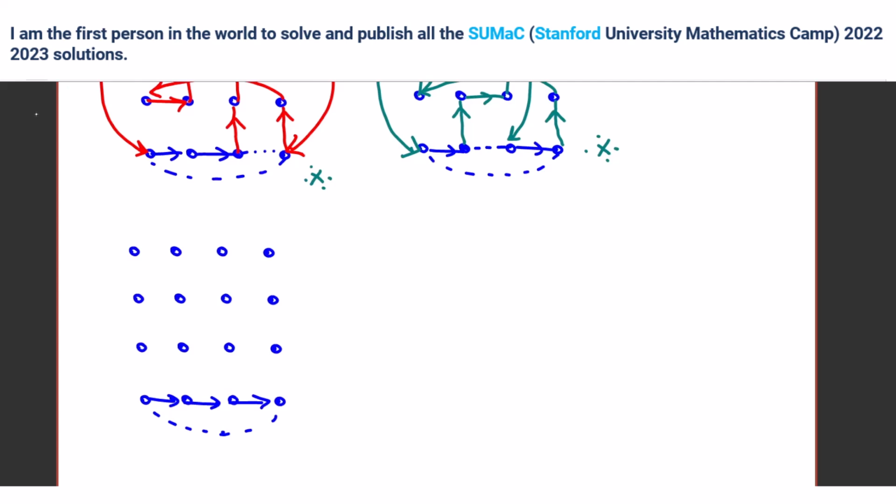Now let's check this one. So look for this one. We know that we have this in degree, out degree, so we don't have this one, so we should have this. Now we have in degree to this, so we don't have this part. So we have this. And because of this edge, we don't have this, so we have this. We don't have this, so we have this, right?